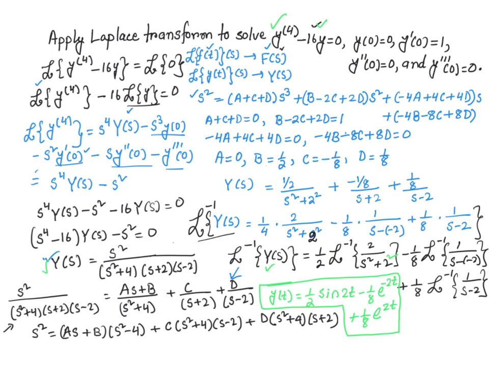That should finally give you a nicer expression for y of s, and then you go ahead and apply the inverse Laplace transform to both sides to get the solution to this differential equation. Again, apply Laplace transform, simplify, do partial fractions, get the coefficients, apply inverse Laplace transform, and you will get the final answer.